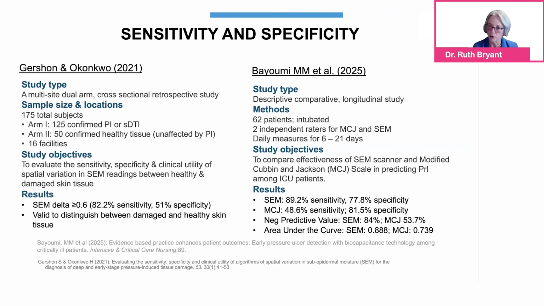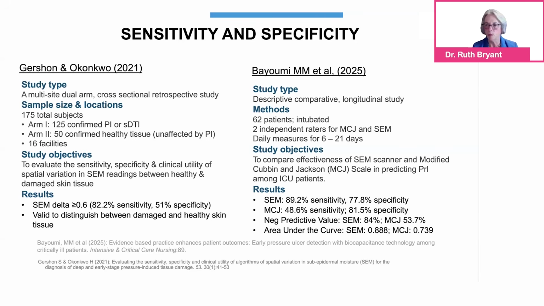And they measured patients for 6 to 21 days. And they reported the sensitivity for the SEM is 89%, specificity 77.8%, MCJ in comparison a much lower sensitivity, and even reported the negative predictive value of 84% with SEM versus 53% with MCJ.